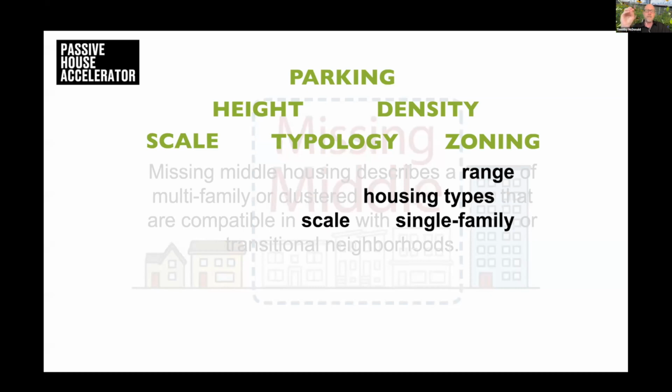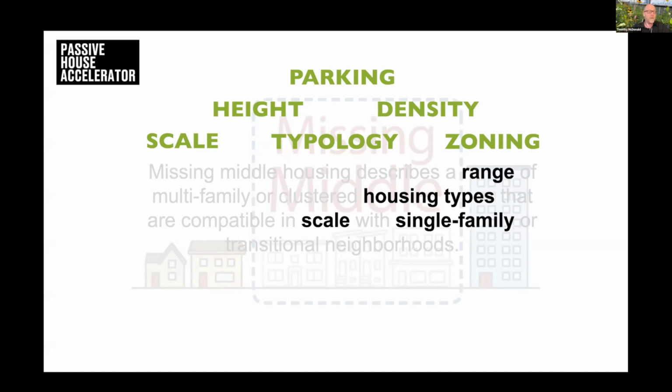This definition seemed to be more about the built environment, right? And those are important issues to address. But it seems to me like the missing middle should be able to tackle more than the missing diversity in housing typologies present in predominantly single family neighborhoods.